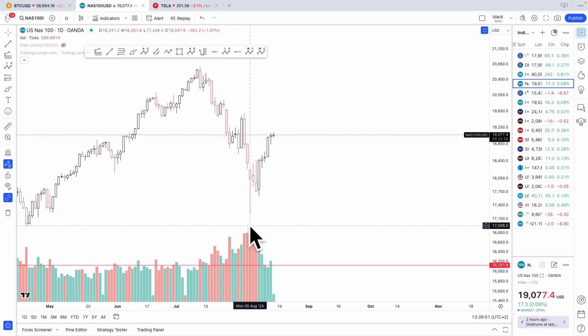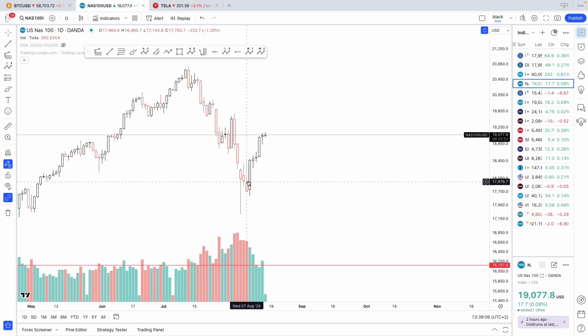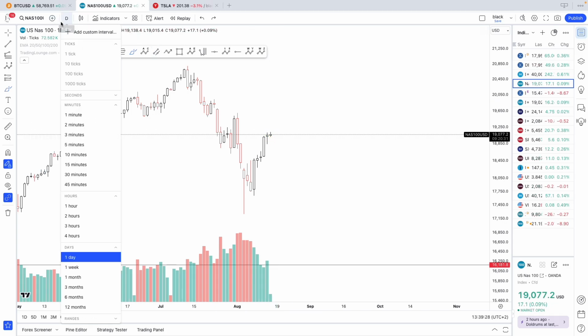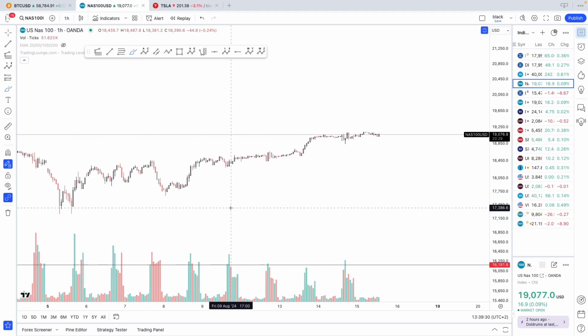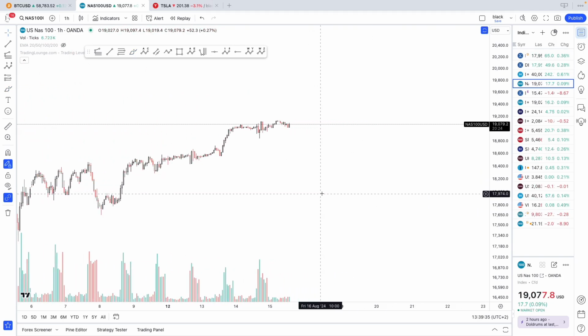Then we corrected with lower volume and moved up with lower volume, which is not really a great sign, but yesterday we do have volume back into the market, which could also mean people who bought here are starting to sell. But it's an interesting sign nonetheless.